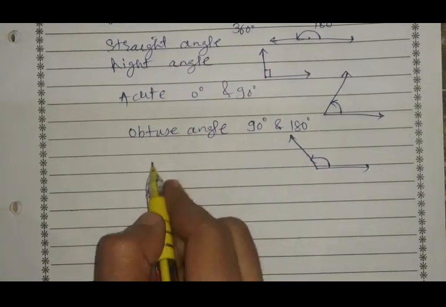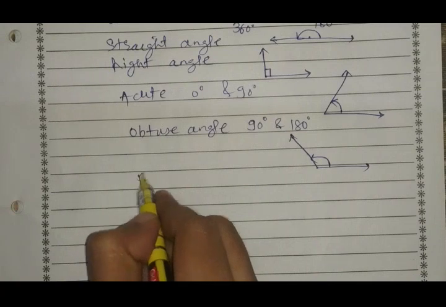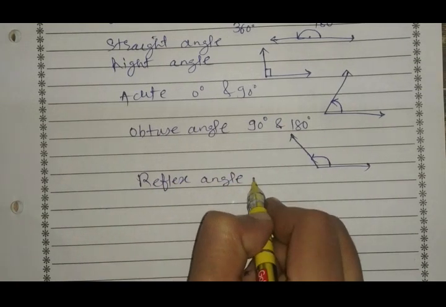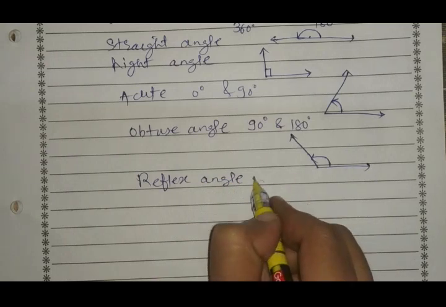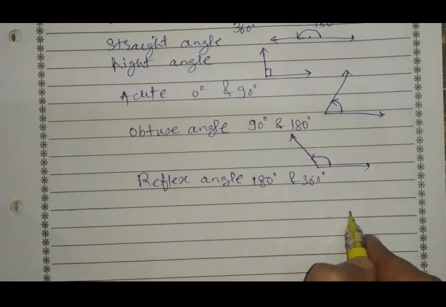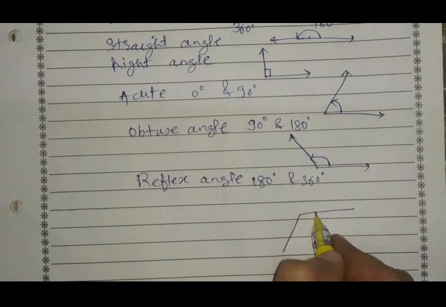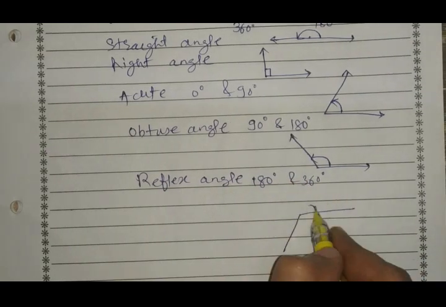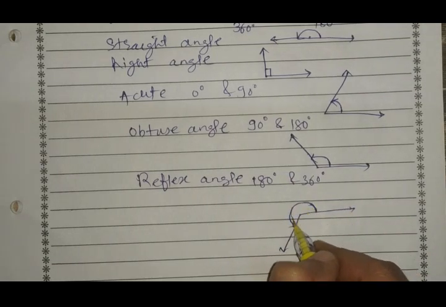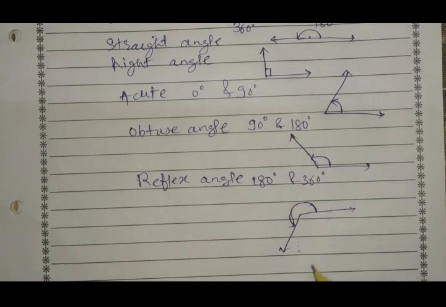Again we have reflex angles. What are reflex angles? Reflex angles are more than 180 and less than 360 degree. Suppose this is the angle, it is more than 180 and comes here but is less than 360 degree. So this angle is a reflex angle.